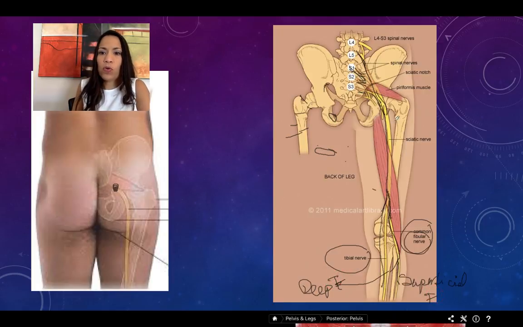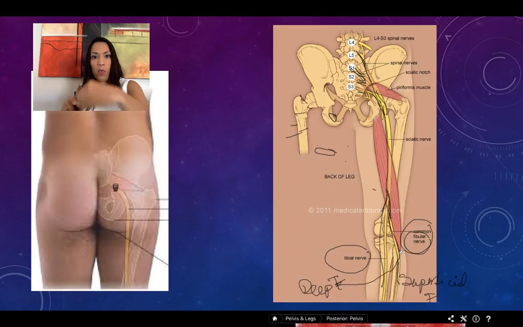So again, the sciatic nerve splits above the popliteal area into two branches. The medial one is the tibial, the lateral is the common fibular nerve. The tibial descends through the posterior aspect of the leg. The common fibular branches again. One branch is anterior, that's the deep fibular nerve. The other branch is lateral, and that's the superficial fibular nerve.